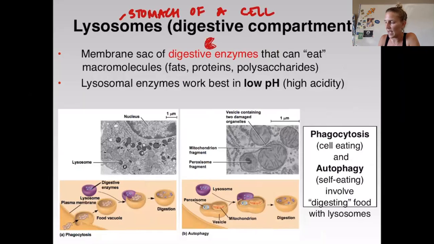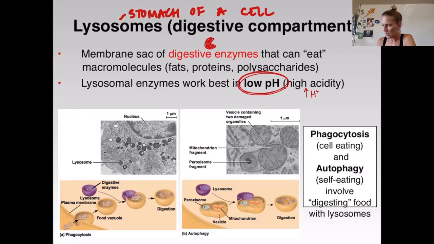And these digestive enzymes basically can break down macromolecules, or they can eat them, all right? The lysosomal enzymes work best with a low pH, meaning high acidity, meaning high amounts of hydrogens, very much like our stomachs. Our stomachs break down our food in an acidic environment.